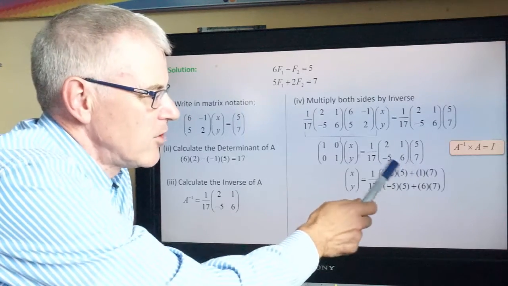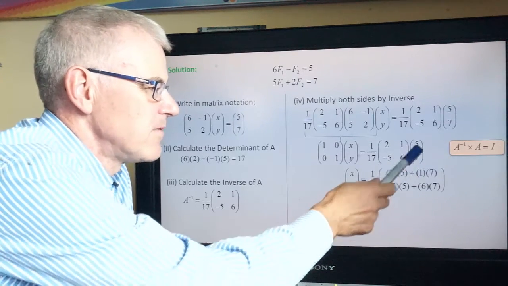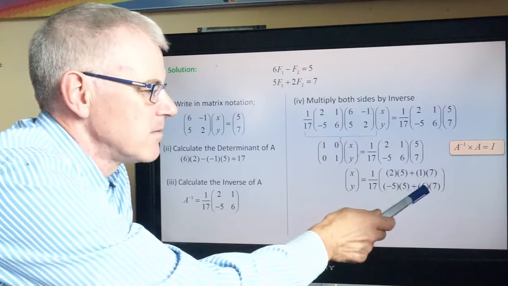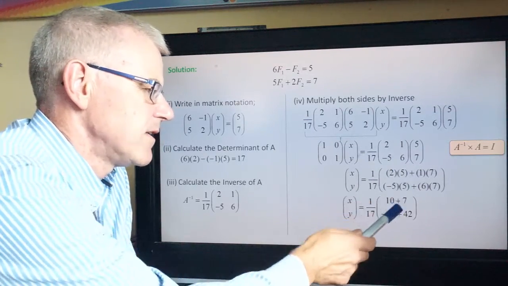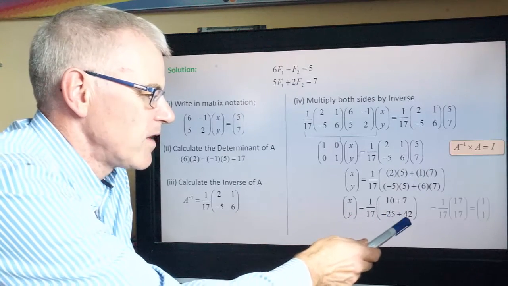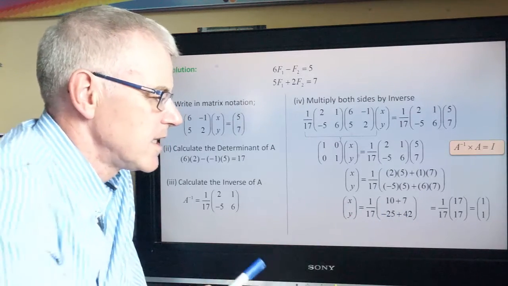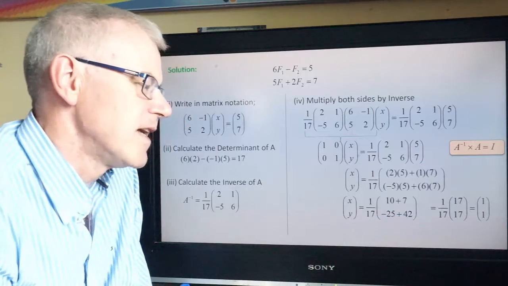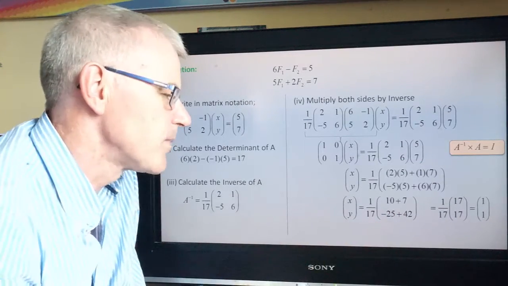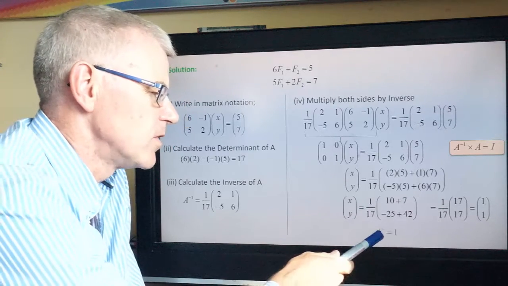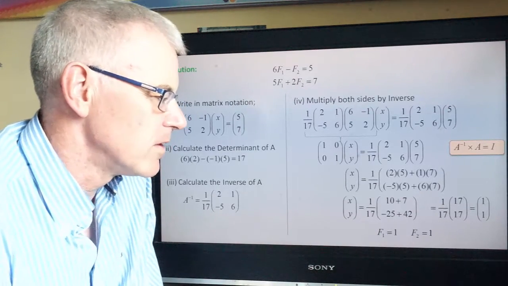And then the second row by the column will be minus 5 times 5 plus 6 times 7. And this works out to be 10 and 7, which is 17. And 42 minus 25 is 17. So 17 divided by 17 for both x and y gives us 1 and 1. So therefore x is equal to 1 Newton and y is equal to 1 Newton.